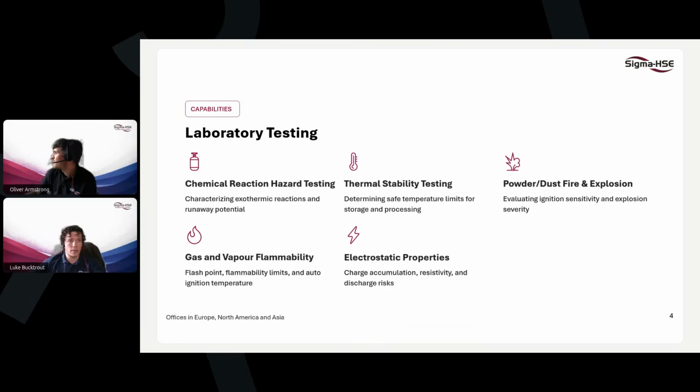Moving on, if you have a process and the end product is a powder, as a solid, then we also have a wide range of powder, dust, fire and explosion tests to help evaluate whether your solid materials are combustible or not. And if they are, how sensitive and how severe can they be? Similarly, we can also determine these properties for gases and vapors, in the form of flammability limits, flash points or ignition temperatures.